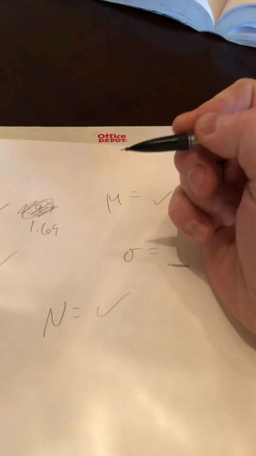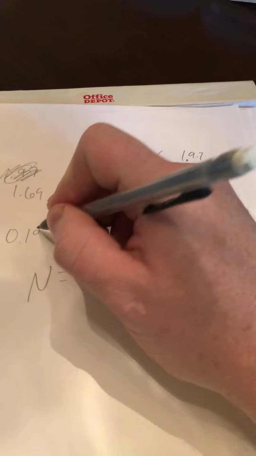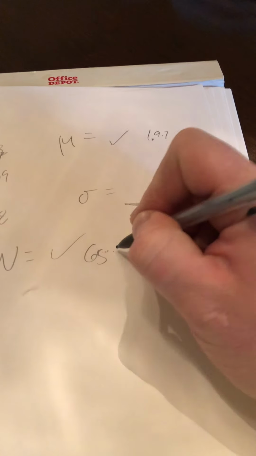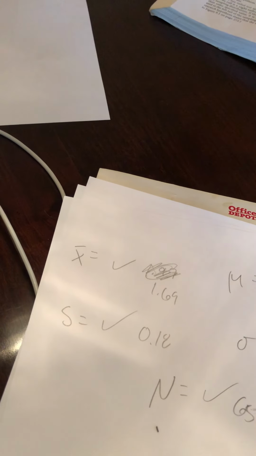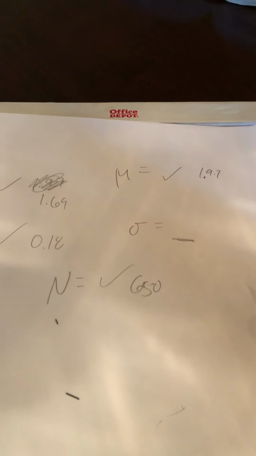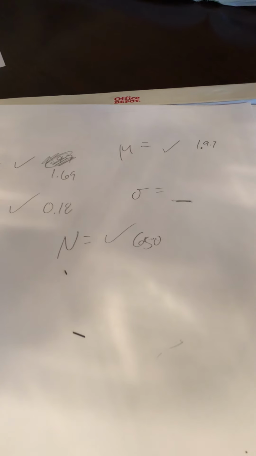Our sample mean, we got 1.69, and a sample standard deviation of 0.18, and N is 650. Don't tell me I'm out of lead. Sorry, I hate pencils. Okay. So these are the things we know.